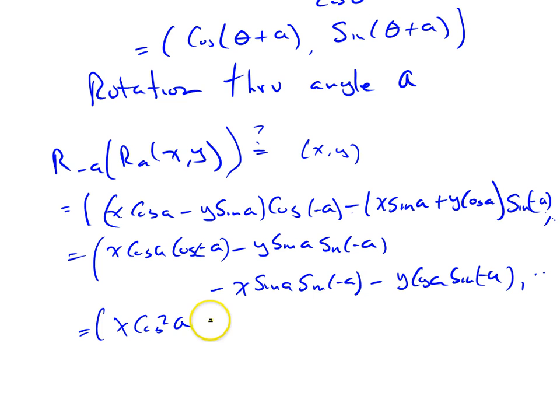Sine, on the other hand, is an odd function, so the minus sign comes out in front. Let's turn that into a plus sign. This is plus y times sine squared A, because the sine of negative A is negative sine A. And here, again, the sine of negative A is negative sine A. That's going to switch to a positive on the outside, so plus x sine squared A.